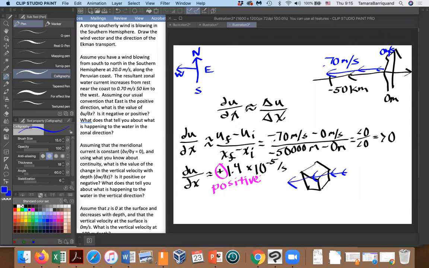So if I look at how much water is coming into the box on this side versus how much water is leaving the box over this side, I see that less water is coming into the box than is going out of the box. So the fact that it's positive tells me that I have more water rushing out of the box.